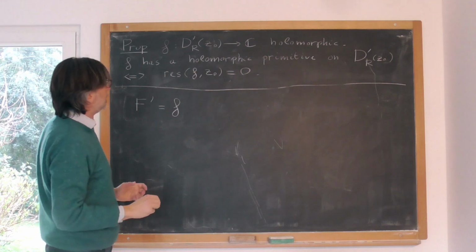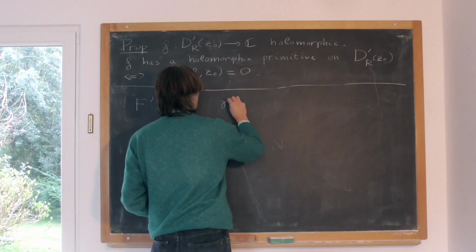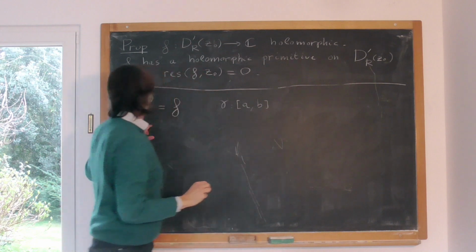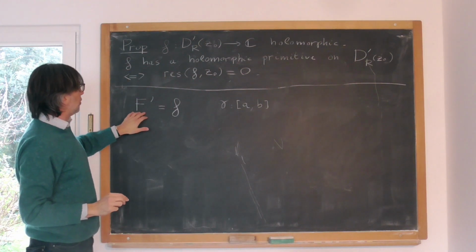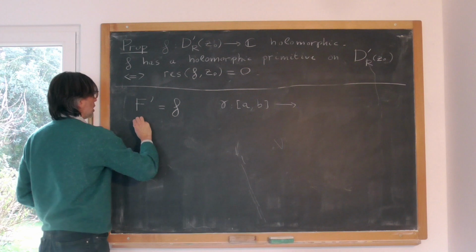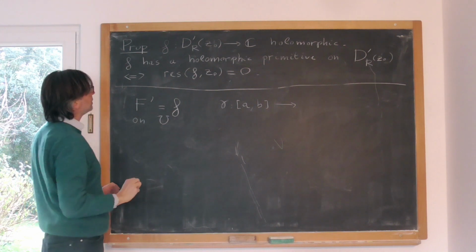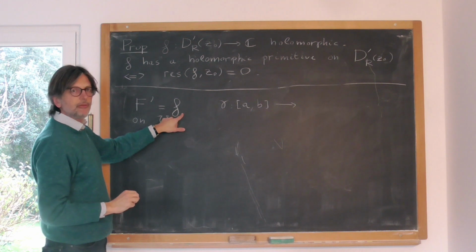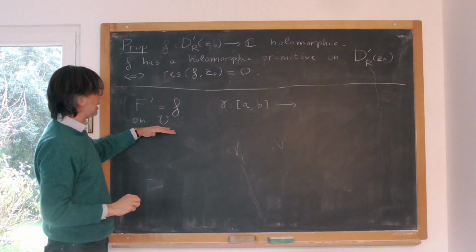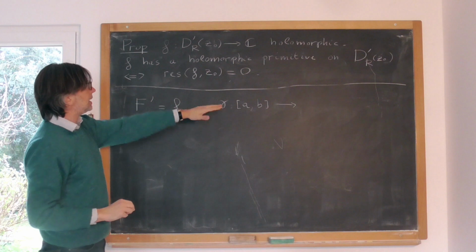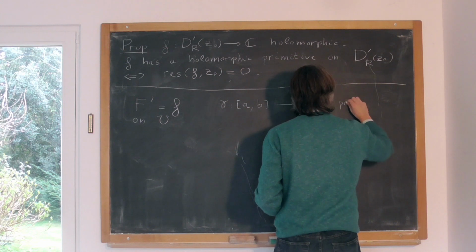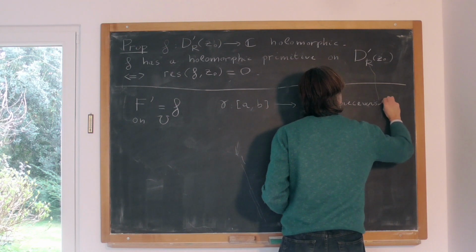And the other important thing is whenever we have a curve in the domain of our primitive big F. So let's say now in general, on some domain U, the holomorphic function small f is the derivative of another holomorphic function big F, and both are defined on the open set U. Now let's say that we have a curve gamma in U. As usual, this is smooth.